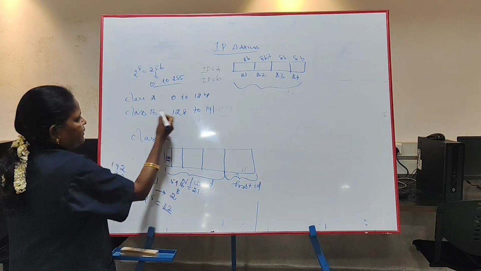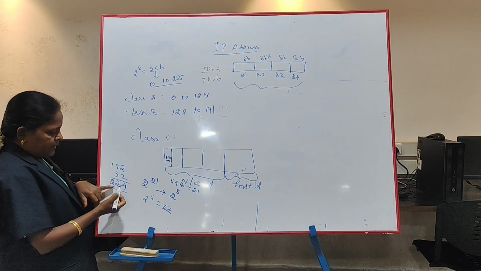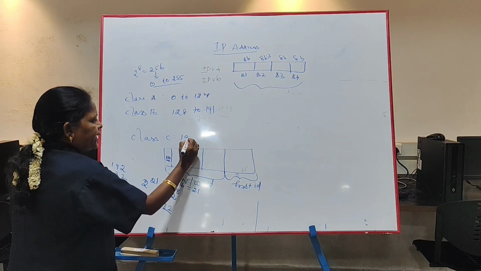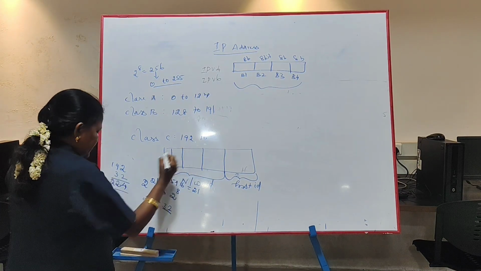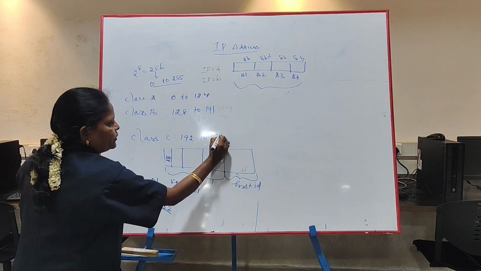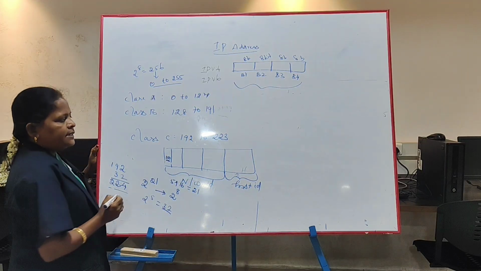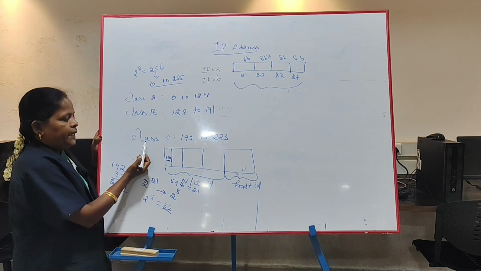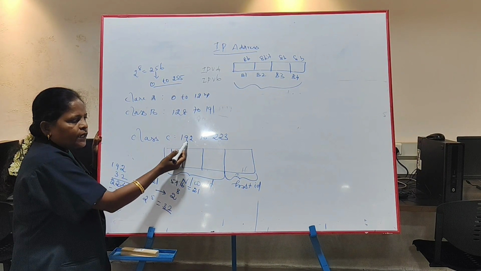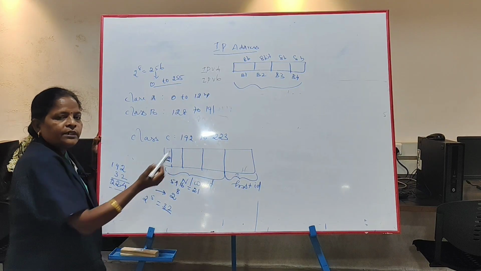Already till 191 is assigned for class B. The next is 192 to 223. The range of any IP for class C is from 192 to 223.